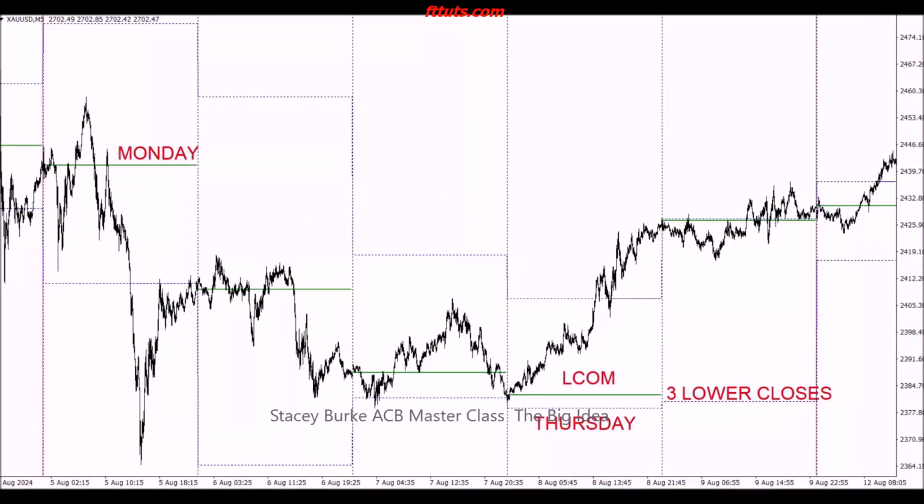As we zoom in on that chart of gold, Monday, our opening range, a lower close, breaking out of Friday's range on Tuesday, and Wednesday closing lower. The lowest closing price of the month, 3 lower closes into Thursday, 1, 2, 3. Didn't get a sideways coil, but we have now an opportunity for traders in the Asian window.